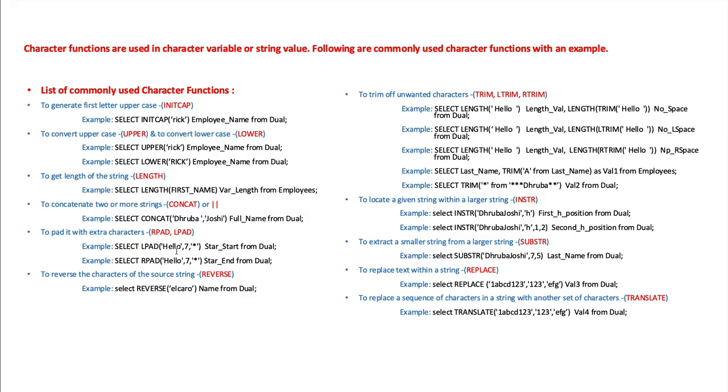In this example, here is hello. We are going to make the total length 7 by adding 2 stars in front of hello. Then it gives 2 stars before hello. Similarly, the next example is RPAD. That means we are going to add 2 stars after hello.